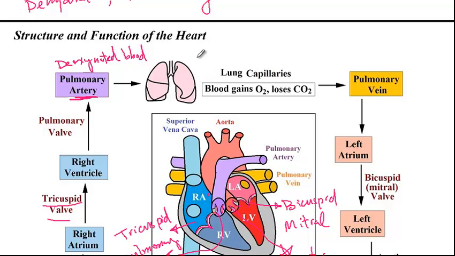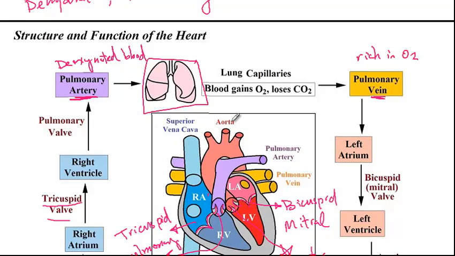And so deoxygenated blood will reach the lungs, where it will gain oxygen and lose CO2. Now this blood will return to the heart via the pulmonary vein. Again, any vessel that returns blood to the heart is called a vein. But the pulmonary vein, since it's coming from the lungs, is rich in O2, or in other words, this is carrying oxygenated blood.